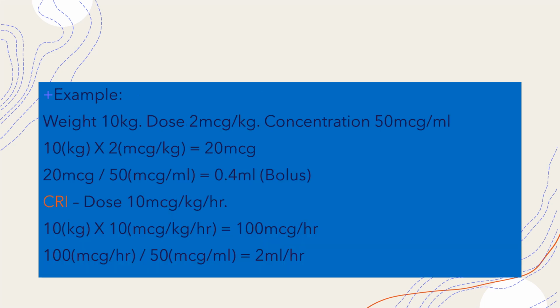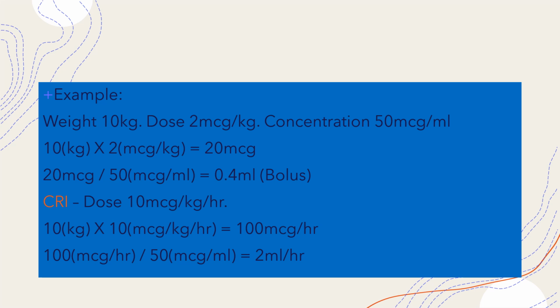So an example for how to calculate your fentanyl. As a standard, we use a starting bolus dose of 2 micrograms per kilo, and the concentration is 50 micrograms per mil. For the example, the weight that we're using is a 10 kilo dog.